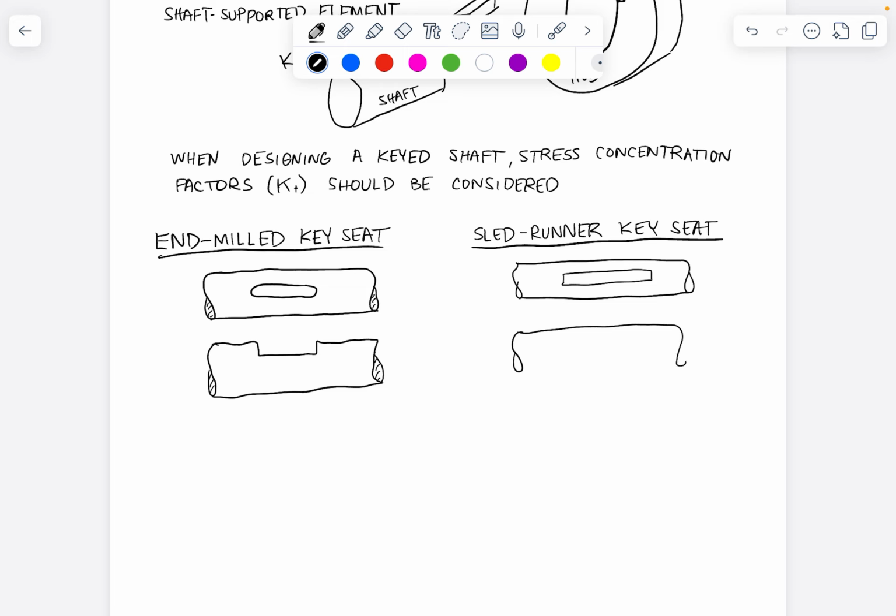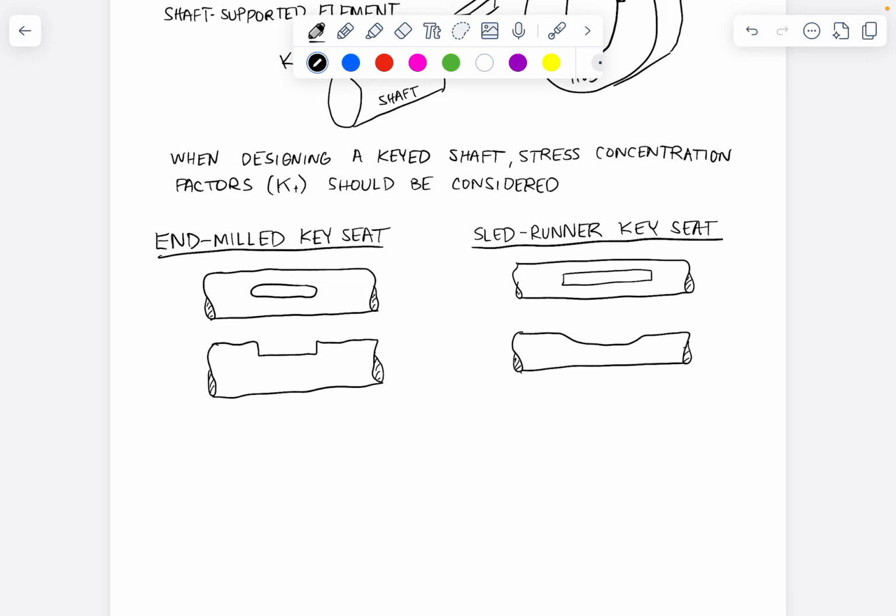But then from the side, we have a more gradual change from one geometry to another. So the way that this would be milled is we would have our drill bit here, we would gradually lower it as we move along the piece, then we let it stay flat for a little bit, and then we gradually raise it back up. So this is a little bit more of a complicated milling operation, and so that means that it's a little bit more expensive to manufacture.